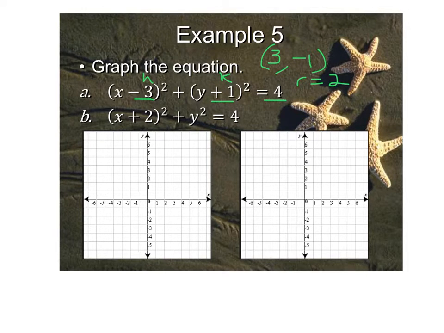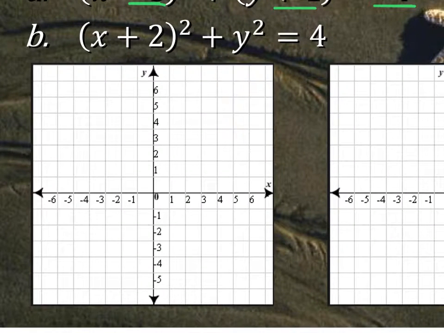So I'm going to first plot the center. So I'm going to plot or graph the ordered pair 3, -1. So I'm going to come over here and put my dot right here, and it'll appear in a minute. And then from there, I can count my radius.